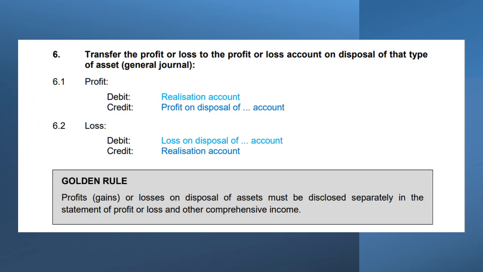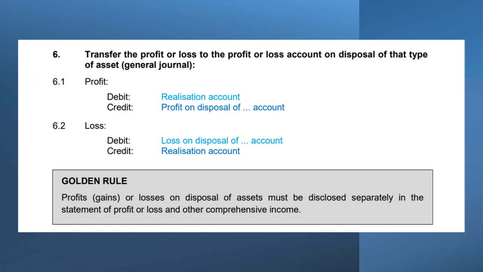So here 6.1, if we have made a profit, that profit needs to be transferred now. What we're going to do then, we need to debit the realization account and we credit what? Profit on disposal of that particular asset account. Remember that profit increase is similar to your income.